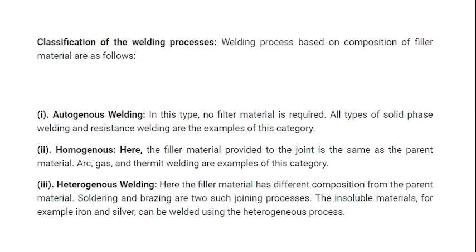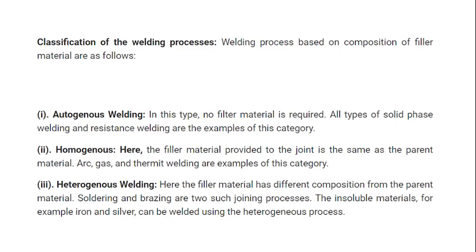Then in heterogeneous welding, the filler material we are using will have a different composition from the parent material. Like in soldering and brazing, when we are doing the joining, the material that we use will be different.